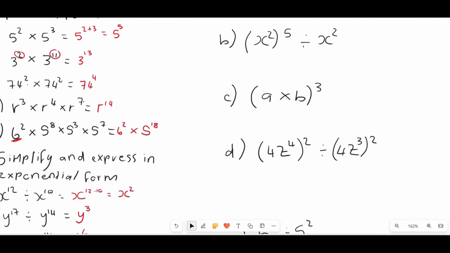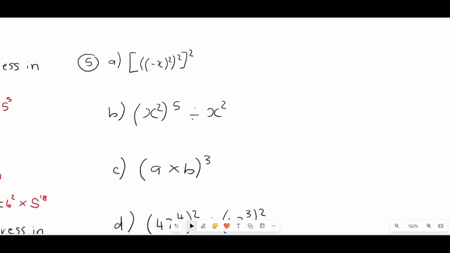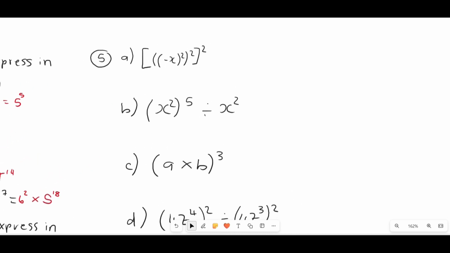So let's move on to question number 5. We have done it in class, but I'm going to do it again. First off, we need to get rid of these ugly brackets on the outside to make everything simpler for ourselves. How we can do that is we can take this 2, multiply it into the 2 right next to it, and then it's going to become this bracket. Don't forget these brackets. We only got rid of the outside ones. So inside it's negative x, and then there's still a square that we haven't touched yet.